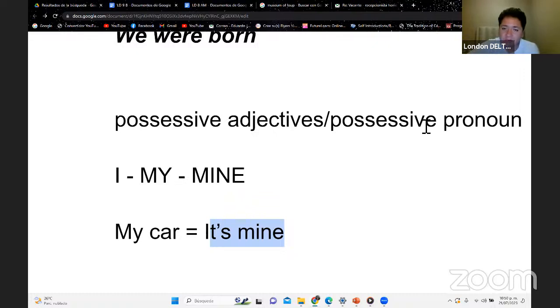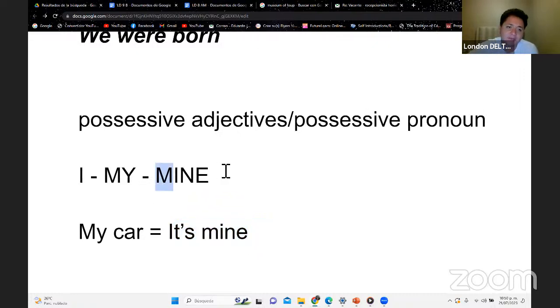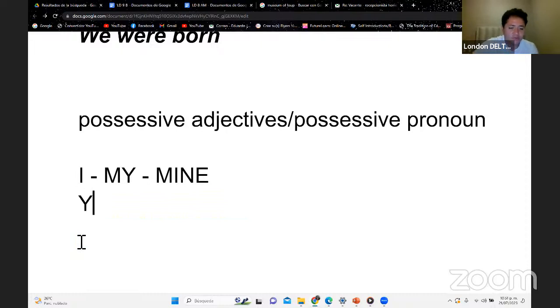Entonces, por eso se llaman pronombres posesivos, porque reemplazan algo que es un posesivo. Entonces, este sería mi carro y esto sería mío. El decir mío, ya lo reemplaza. Okay? We had seen this, right? Can you please tell me what is the possessive adjective for you? Your.